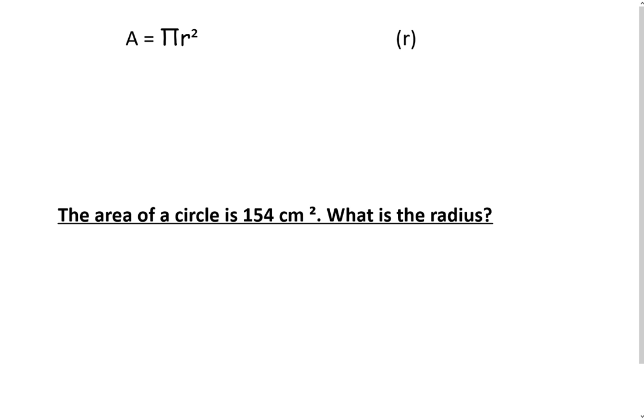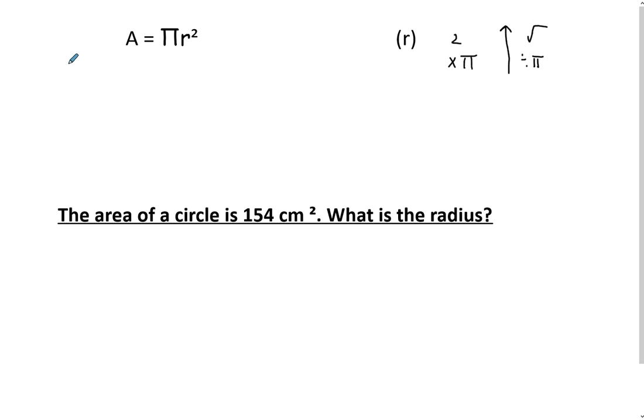Okay, so if we have A equals pi r squared, and you want to make r the subject, you think what's been done to the r? So we've squared it, and we've multiplied it by pi. So we go backwards and we do the opposite. We're going to divide by pi and square root it.